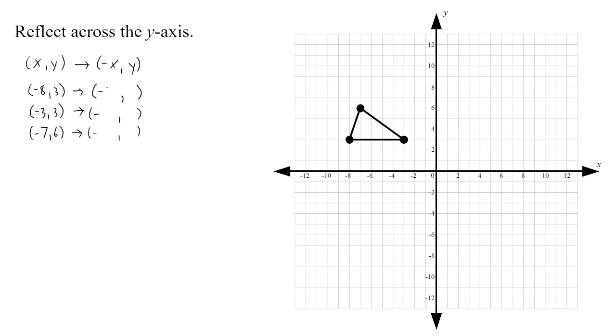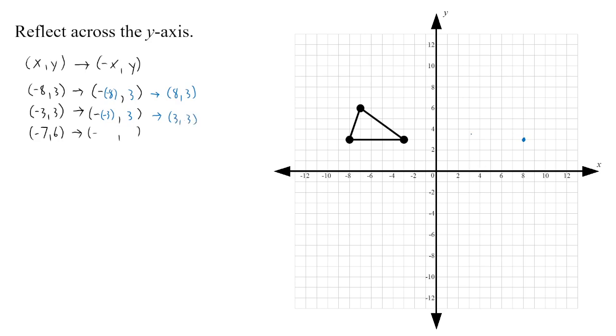So we have -8 and 3, which will become +8 and 3. We're going to plot that. Next, we have -3 and 3, which becomes +3 and 3.